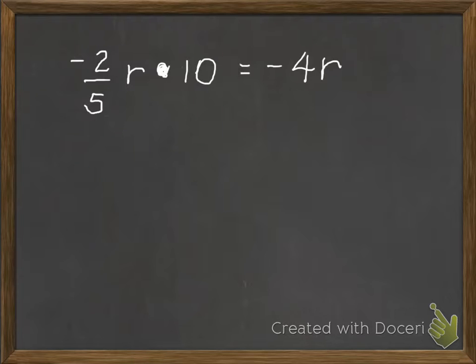So, the lowest common denominator, we look at the denominators 5, 1, and 1, is obviously 5, because 5 goes into itself evenly and 1 goes into 5 evenly. So our LCD is 5.